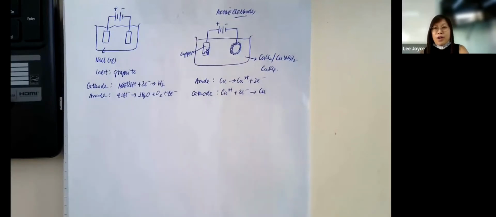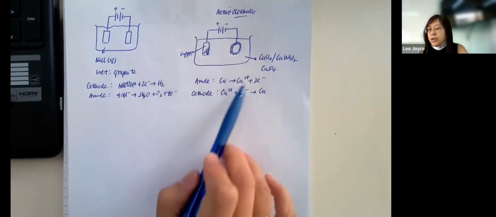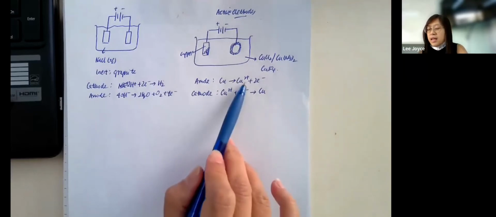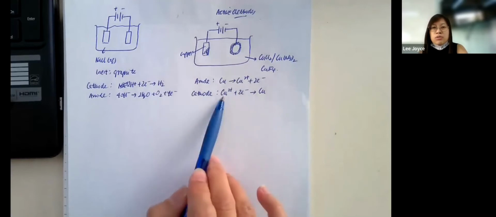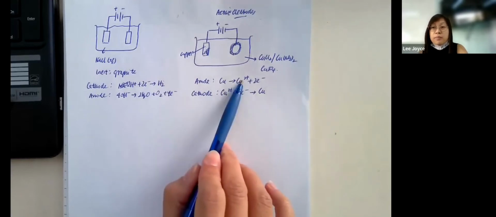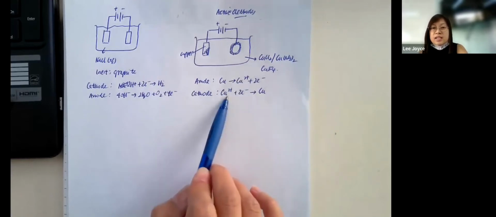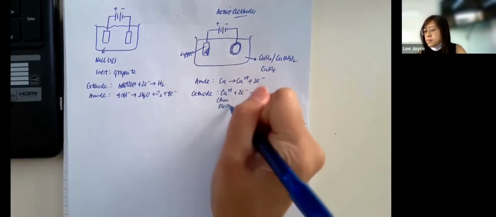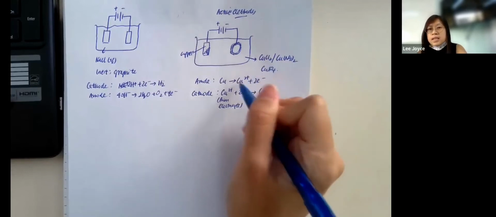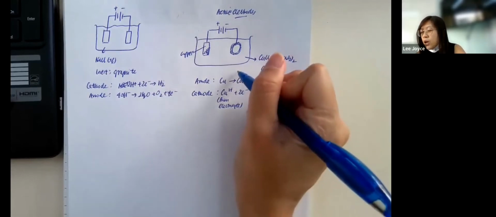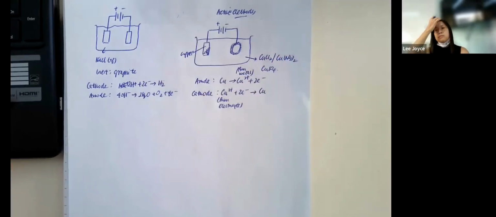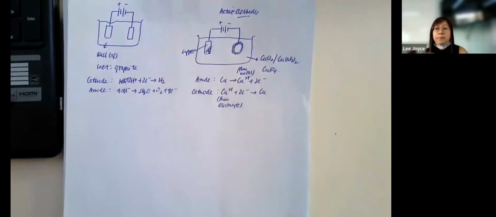You have to understand that the copper ions that get discharged at the cathode do not come from the oxidation of the anode. These two Cu2+ ions are from different sources. This one is from the electrolyte, whereas this Cu2+ comes from the oxidation of the copper metal. Both happen at the same time.